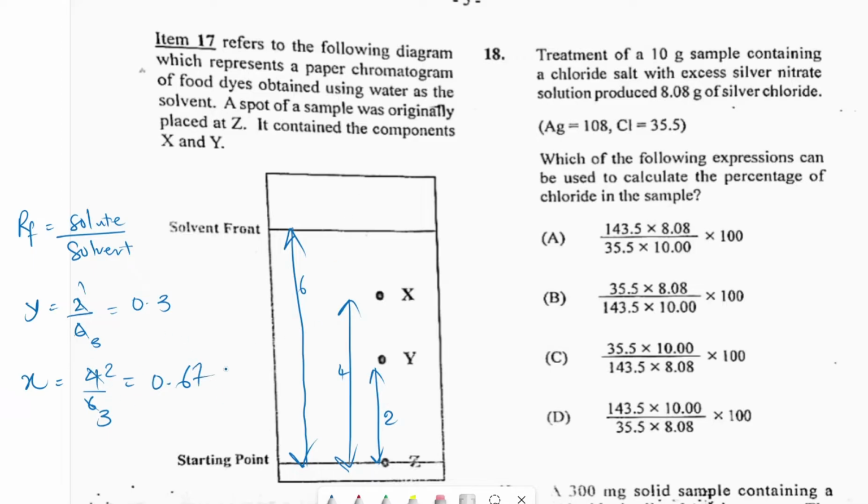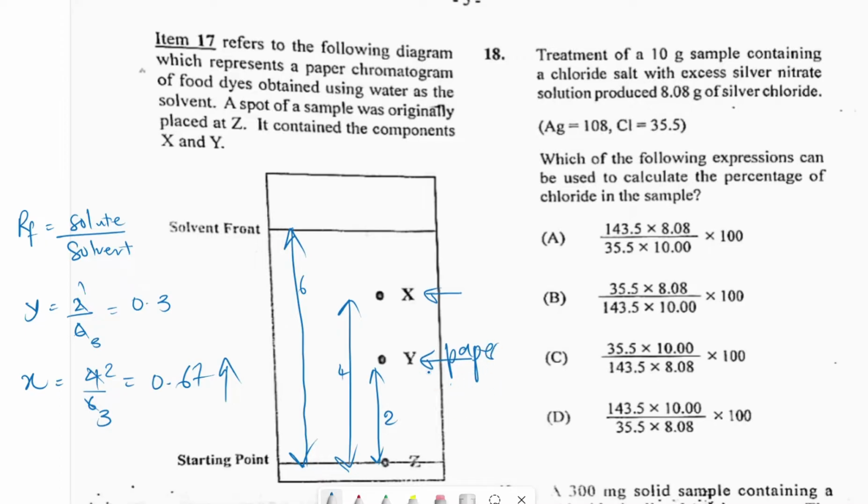So as you can see, X has a larger retention factor and it traveled the furthest. X interacts more with the mobile phase, which is whatever the solvent is that is carrying it along the paper. Y interacts more with the stationary phase, which is the paper, hence why it's held back.